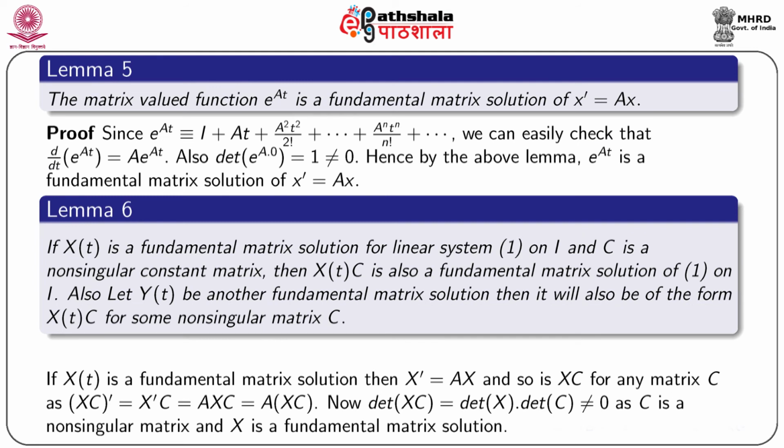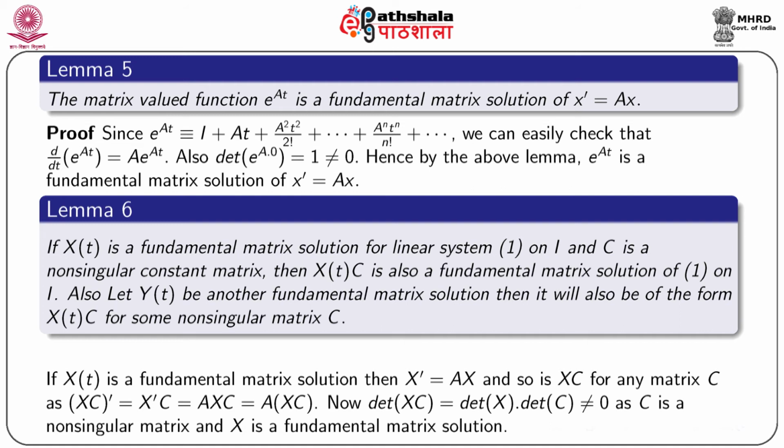In our next lemma, we have to prove that the matrix valued function e to the power A t is a fundamental matrix solution of x dash is equal to A x.